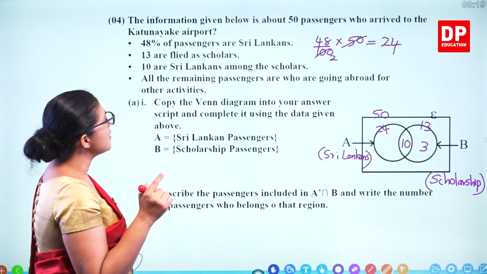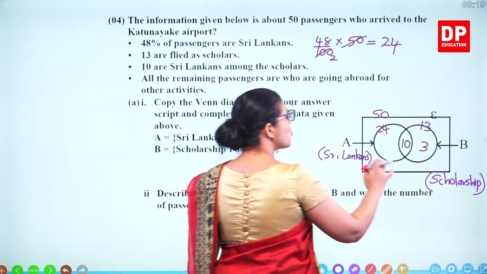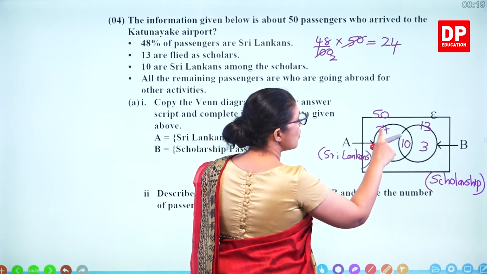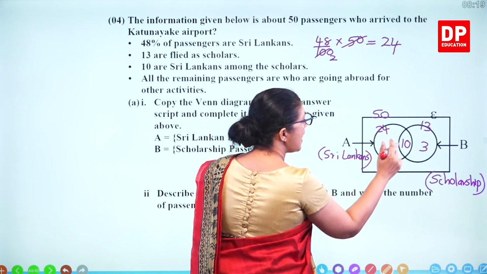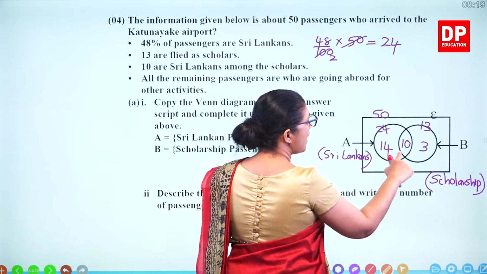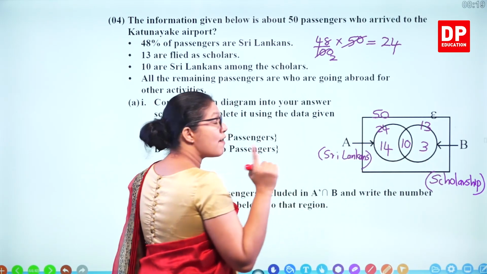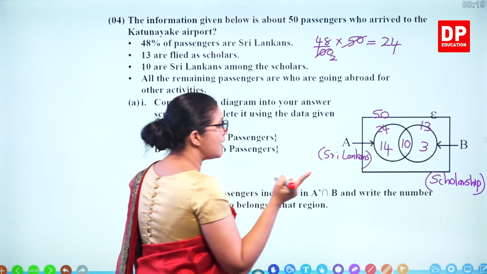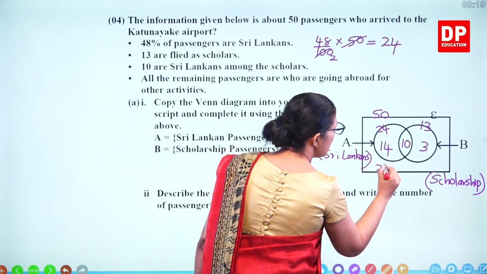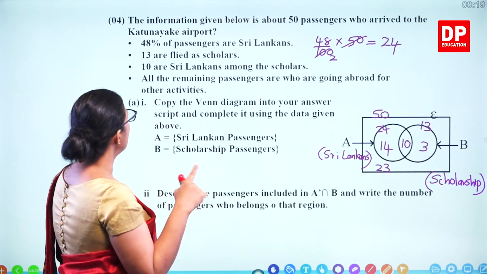All the remaining passengers are who are going abroad for other activities. So that means outside the circle. So if this is 24 and this is 10, this becomes 14. So what's outside? 14 plus 10, 24, 27. 50 minus 27, that's 23. So that's the full diagram.